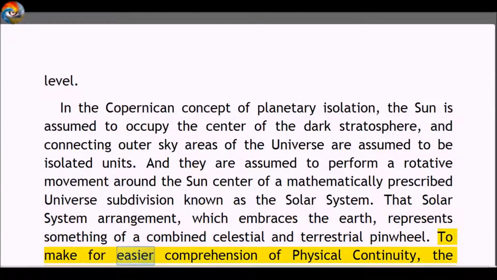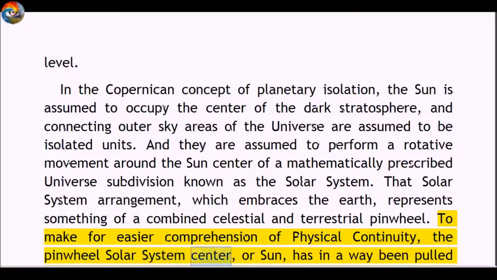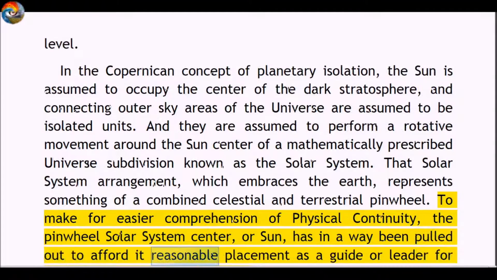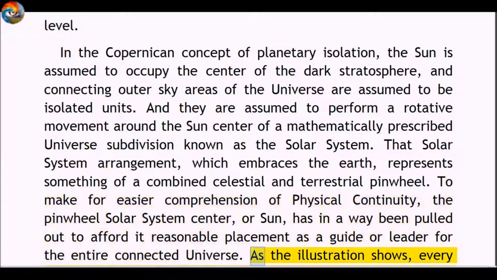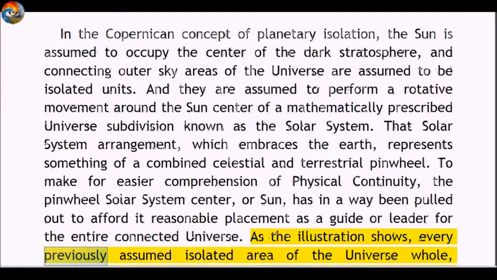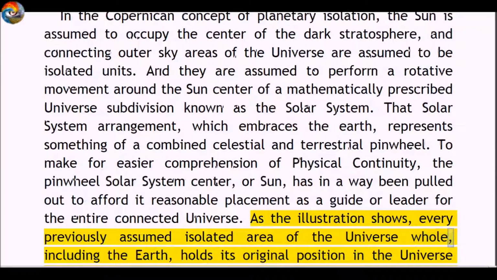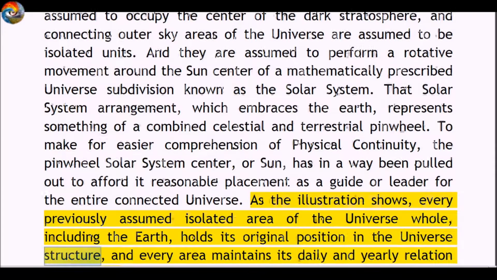To make for easier comprehension of physical continuity, the pinwheel solar system center, or Sun, has in a way been pulled out to afford it reasonable placement as a guide or a leader for the entire connected universe. As the illustration shows, every previously assumed isolated area of the universe whole, including the Earth, holds its original position in the universe structure, and every area maintains its daily and yearly relation to the Sun.